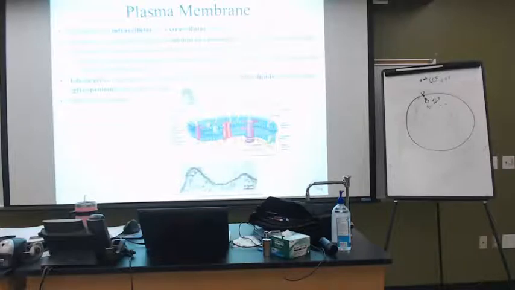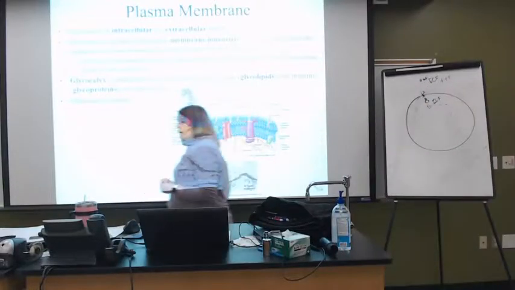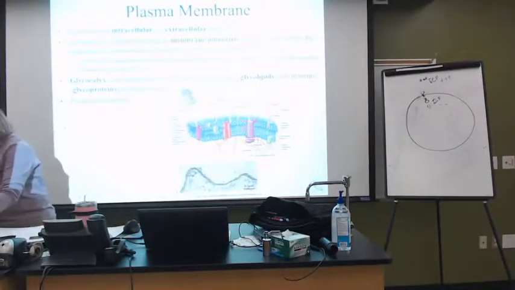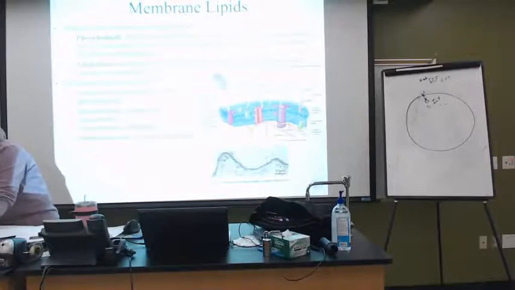So, you've got all this stuff, and it literally just looks like it's floating all through the fluid. So, it's termed the fluid mosaic model. Every single part has something it needs to do.